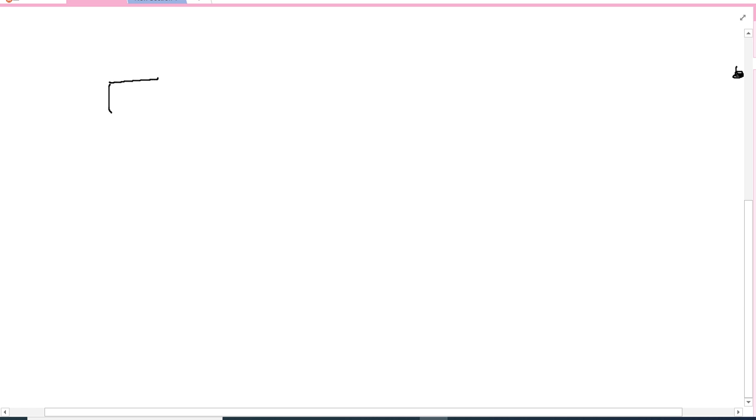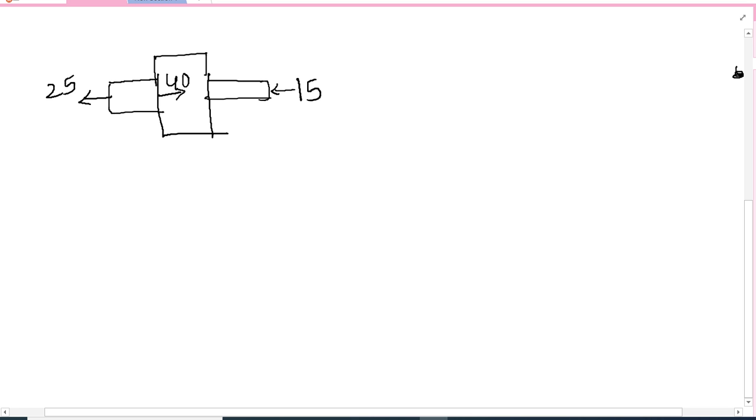Suppose a stepped bar is like this, and some load is acting over here, 25 kilonewton, and here in this direction 40 kilonewton, and here it is 15 kilonewton.